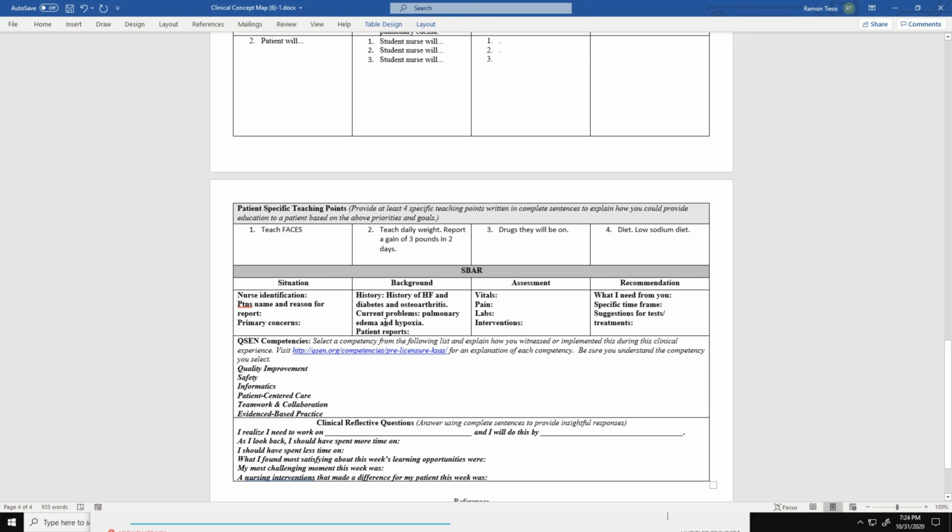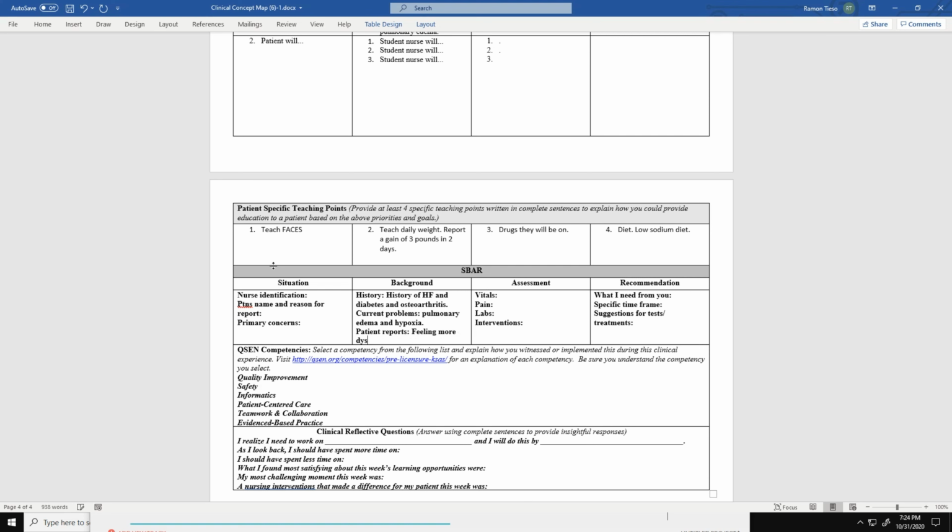But this is a little bit more specific, probably better. And the patient reports feeling more short of breath on exertion, right?